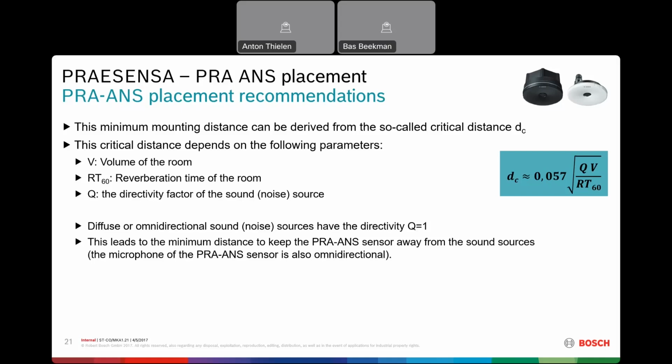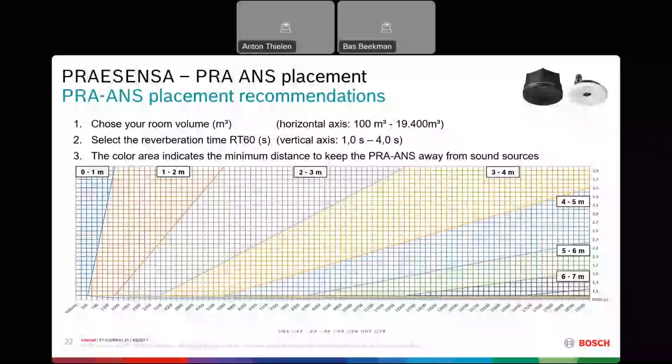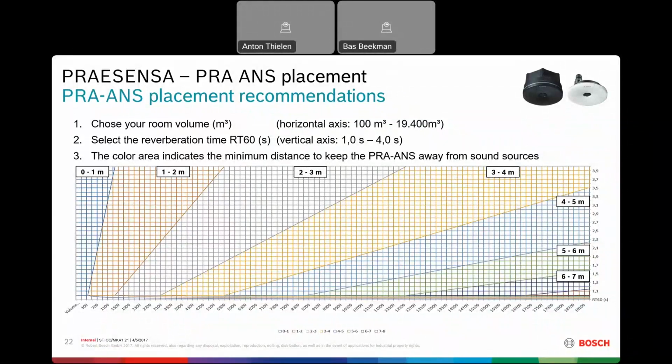So that's this critical distance which you can then calculate. And the microphone of an ambient noise sensor is also omnidirectional.